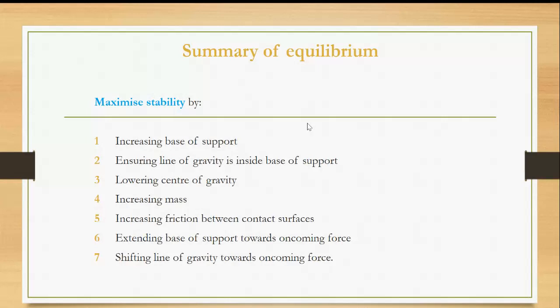You can lower your center of gravity, increase the mass if and when that is possible. Obviously, that can't occur within one game of something. You can't just increase your mass unless you were putting on a weighted vest or something of that description. Increasing friction between contact surfaces, extending the base of support towards the oncoming force, like the rugby players we showed, and shifting the line of gravity towards the oncoming force.